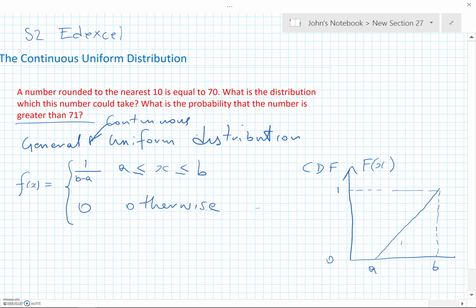We could use this to get our CDF. In the S2 textbook, they actually use integration with limits on it. But this is quite a nice alternative, because we can just find the gradient.